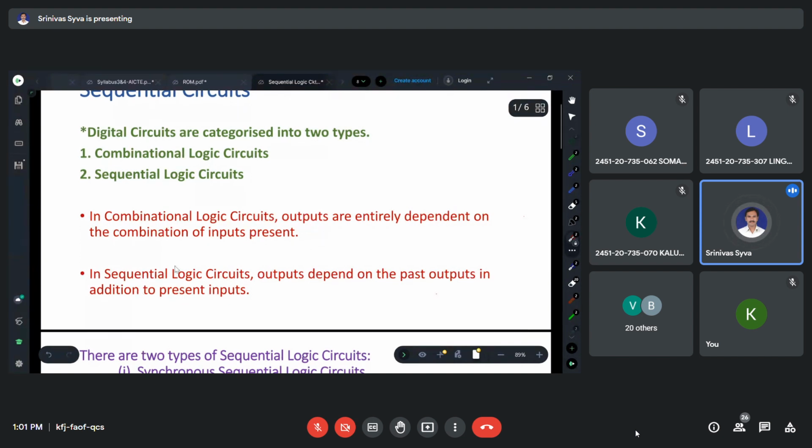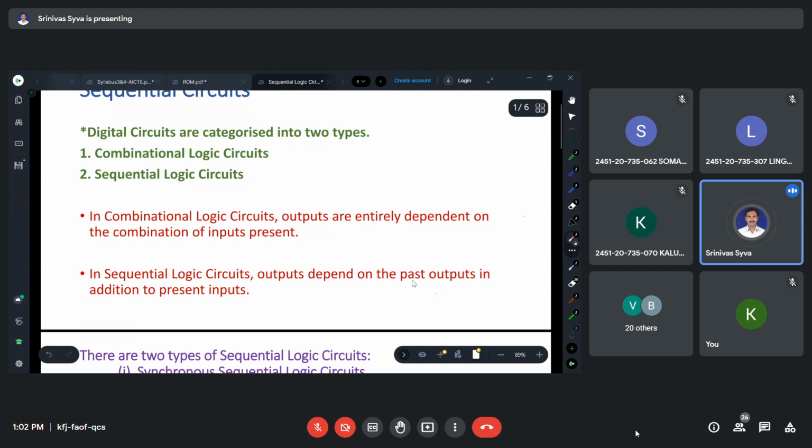Whereas in sequential logic circuits, the outputs depend on the past outputs also, in addition to the present inputs. When we say past output, it gives the concept of memory.